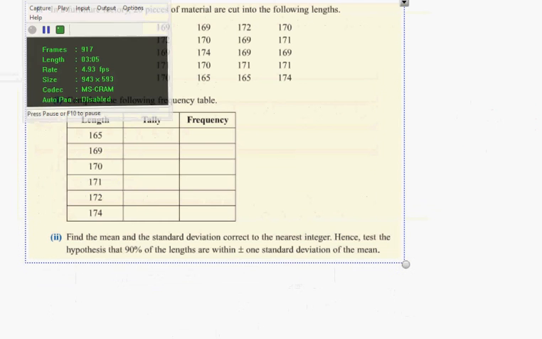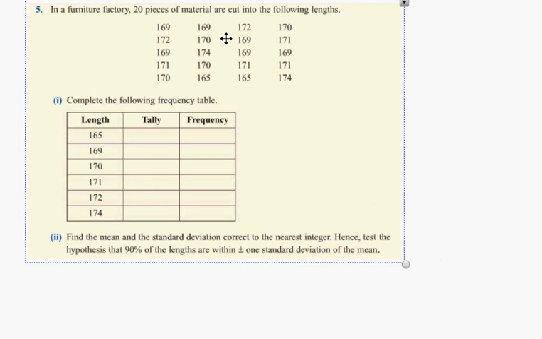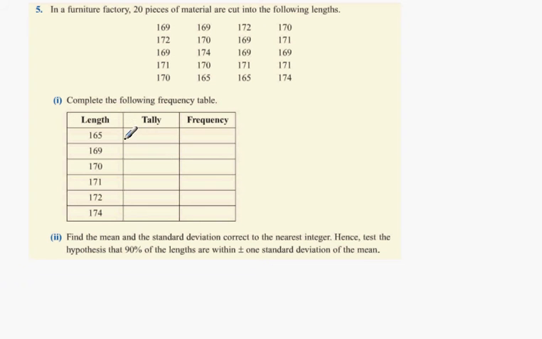In a furniture factory, 20 pieces of material are cut into the following lengths. Okay, so first of all, how many 165s do we have? 2, so the frequency is 2. How many 169s do we have? 6. What about 170s? 4.